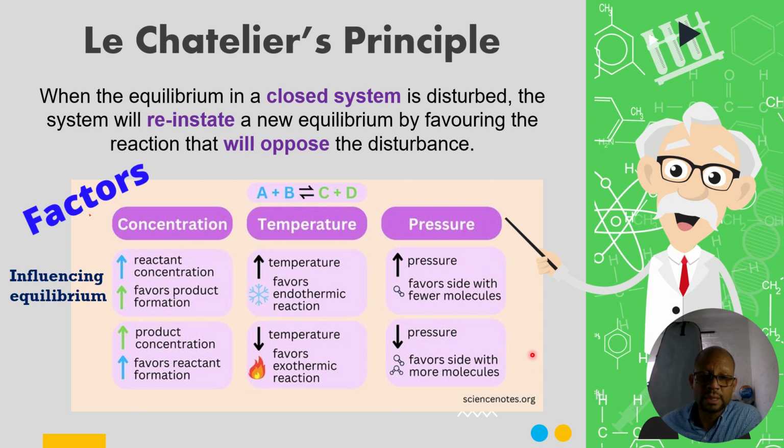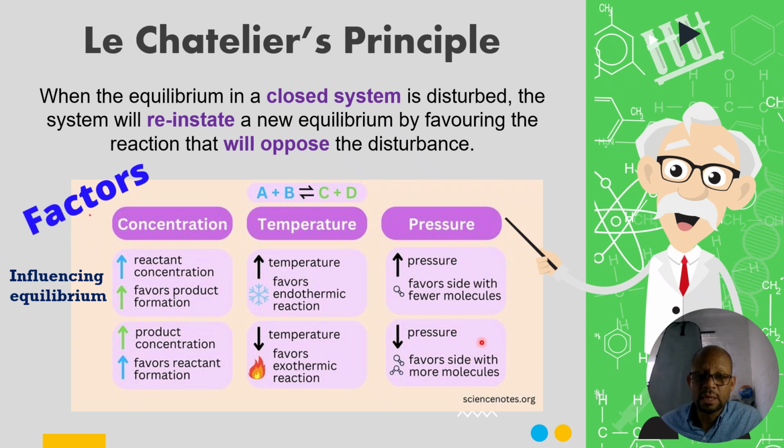So the way that you're going to do this is to add up the total gas molecules on the product side and to add up the total gas molecules on the reactant side. You can add up the number of moles. If it's the same on both sides, then you know pressure is not going to influence the equation. However, if one side is more than the other side, then the side that is more will be favored by a decrease in pressure.